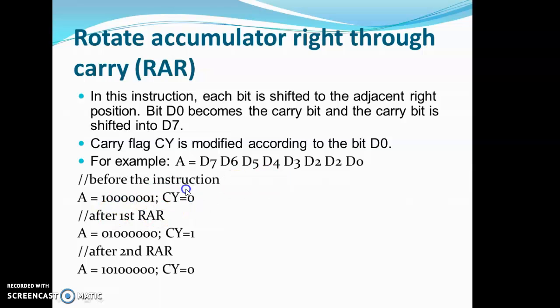Okay, let me start the first question. What is my initial number? This will be my number initially, and the carry flag as 0. Then I will shift in this direction, so this last bit will be shown in the carry flag and the rest has shifted. Then there are only 7 bits, so I will add a bit here, and the carry flag is 1.